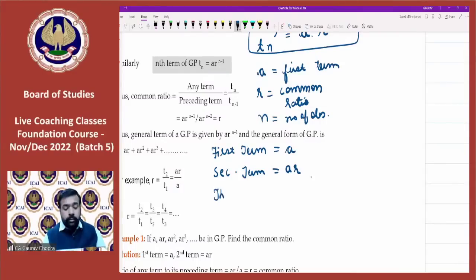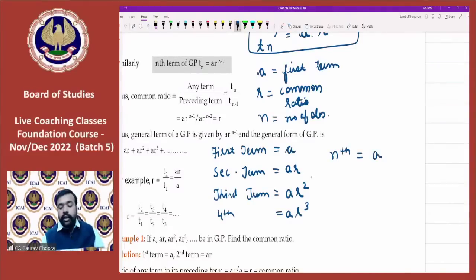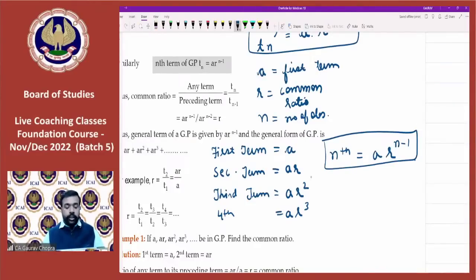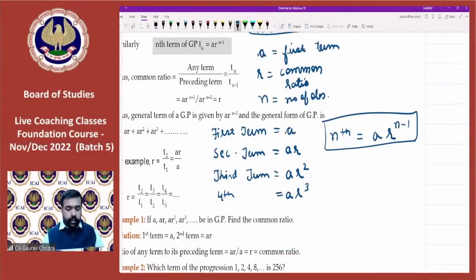Similarly, the third term is a r square. The fourth term will be a r to the power of 3. And the nth term, as we have written in the formula, is a multiplied by r to the power of n minus 1. So this is the formula to calculate the nth term in geometric progression.